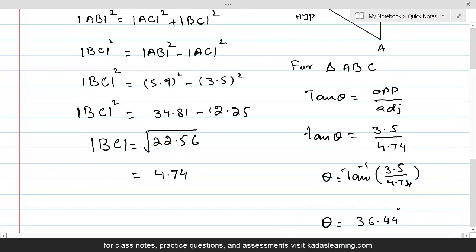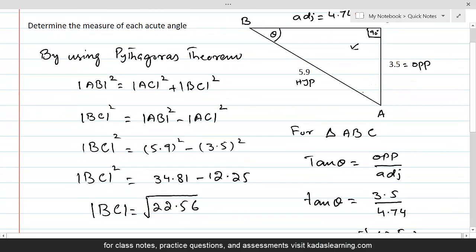So this way we can find out all the acute angles.